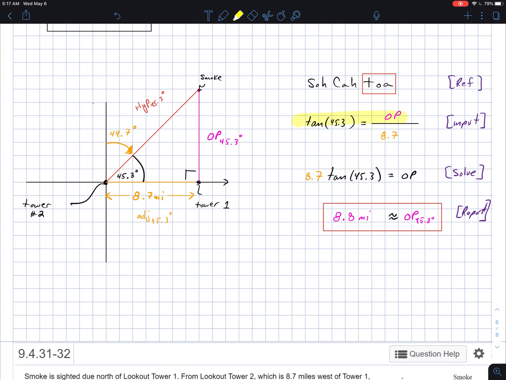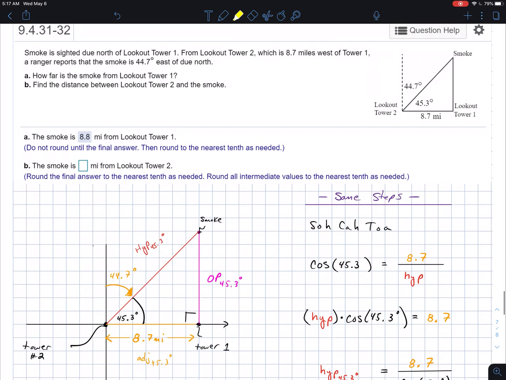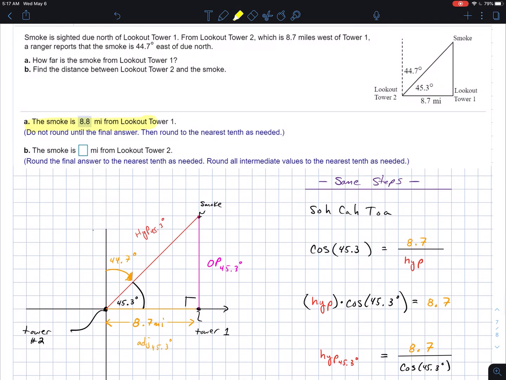So I just input and then I solved. And how I solved was just multiply both sides by 8.7, and then I recorded the approximate answer to the decimal place that they requested. See how it's getting a little easier? I'm hoping. Okay. And you can see we got it right.